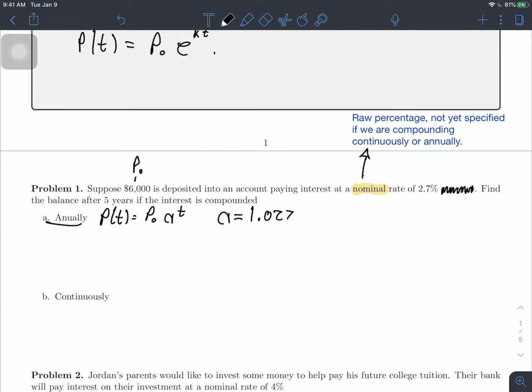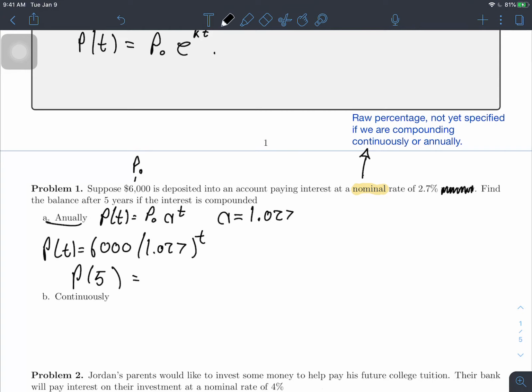So let's write P of T in more detail. P of T is going to be equal to 6,000 times 1.027 to the power T, which means that P of 5 will be that stuff to the 5th power.